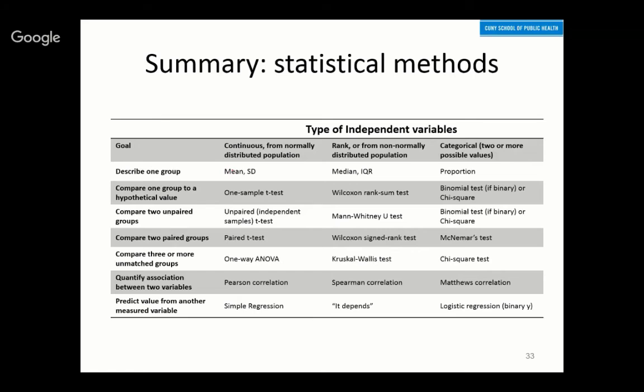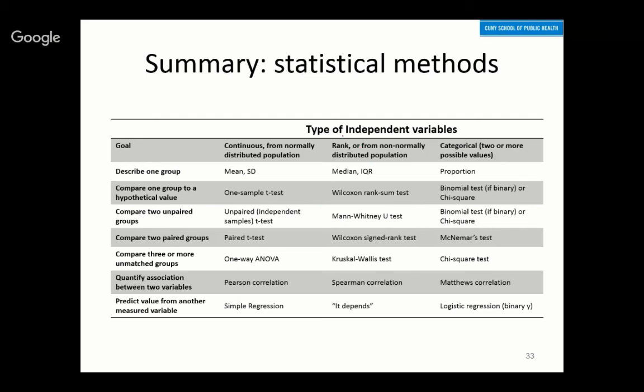This is just a nice summary table that your text had of different tests depending on your type of independent variables and your goals, and something that might be just useful as a little reference, possibly for your project, but in general for knowing about different possible types of tests.